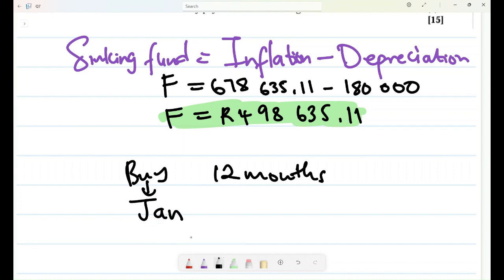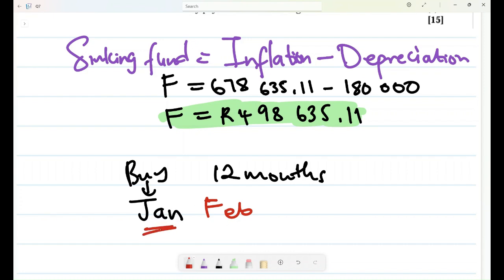But normally what happens is that the store will give you the phone in January, you'll have it, right? But you will start paying a month after. From February, that's when you'll start making payments on that phone. So for a normal transaction, you buy a phone in January, in February you start making payment.